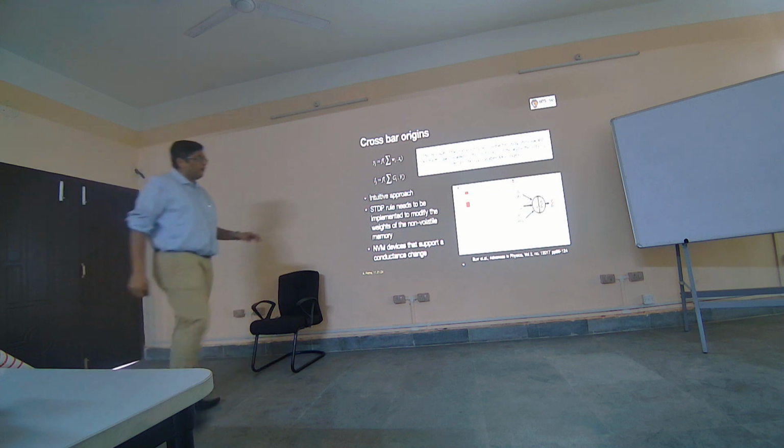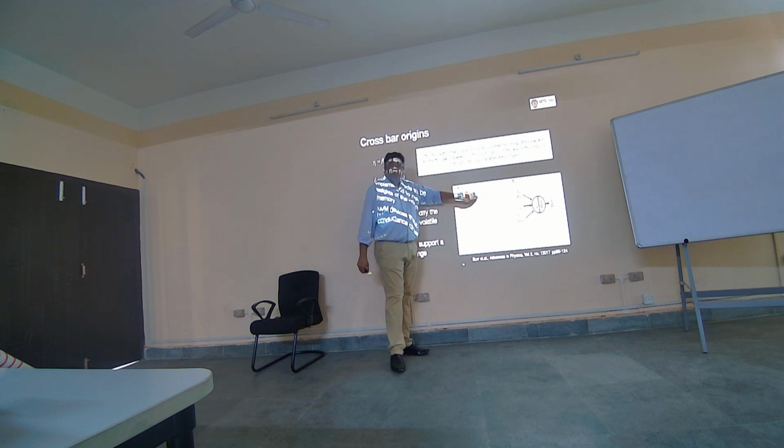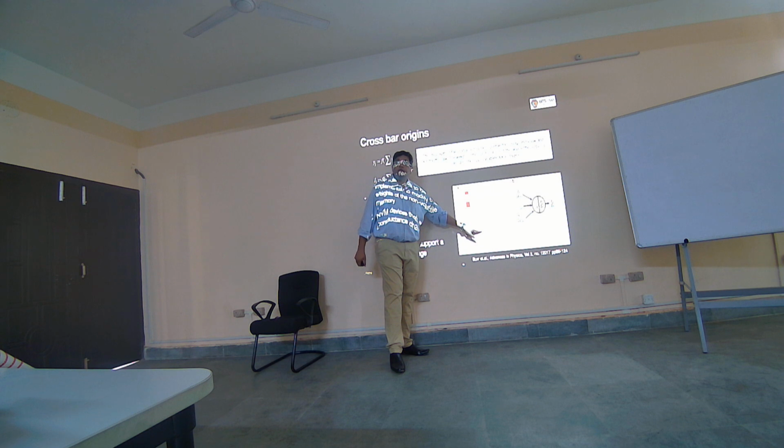So what you have now is weights associated with resistors in the system, and different inputs across the word lines. As this input comes in, the conductance determines the current that flows through this column.